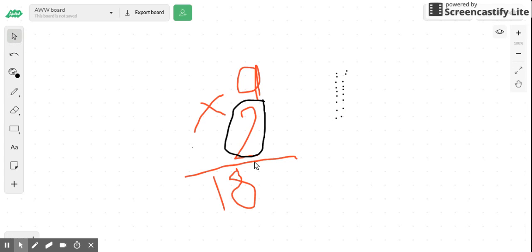Now we're done with both columns and rows. Your final step is to count them. So 1, 2, 3, 4, 5, 6, 7, 8, 9, 10, 11, 12, 13, 14, 15, 16, 17, 18. See what I mean?